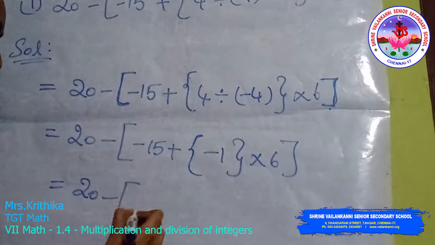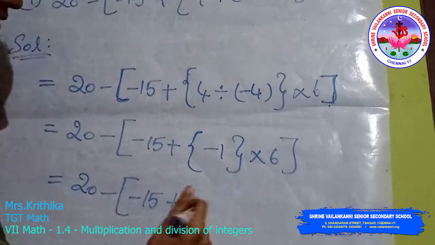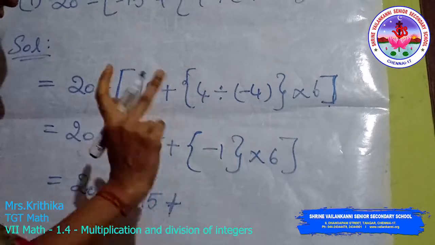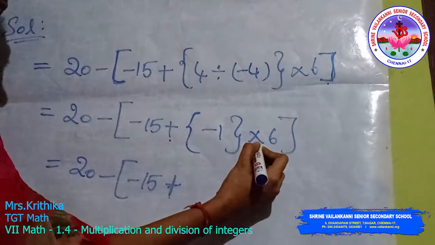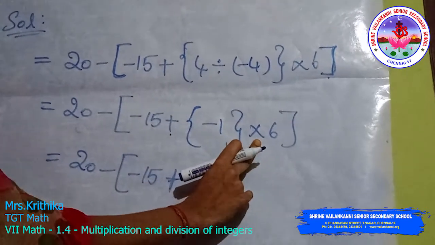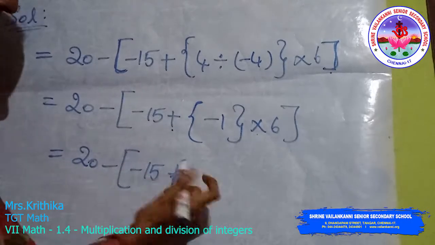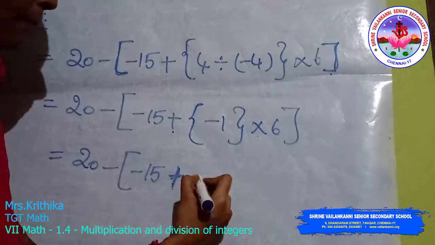20 minus of minus 15 plus. Here the square bracket has two operations, one is addition, another one is multiplication. The first priority goes to multiplication. Here the minus 15 is the same as 15, plus minus 1 into 6 is minus 6.